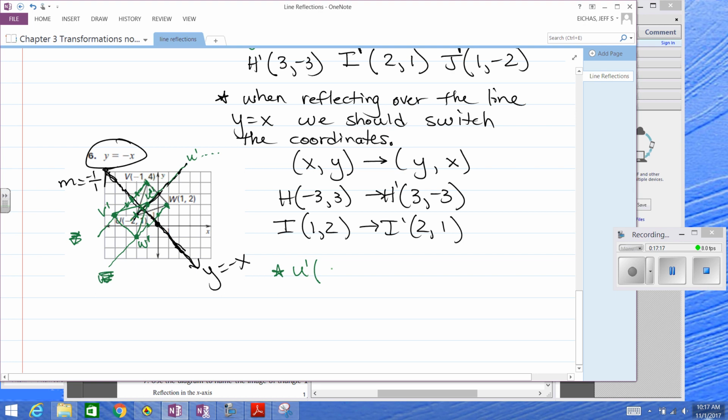Should be -1, 2. V prime should be -4, 1. And W prime should be -2, -1. Let's make sure that that actually happened. Yep, that's W, good. Everything worked out the way it was supposed to.